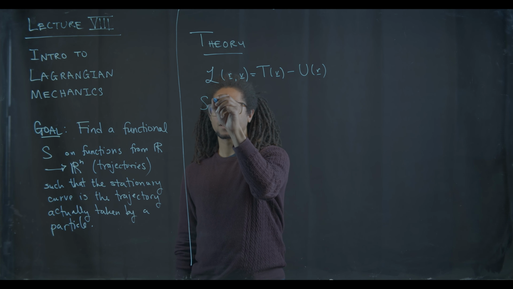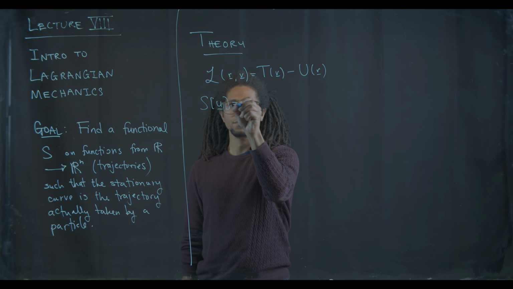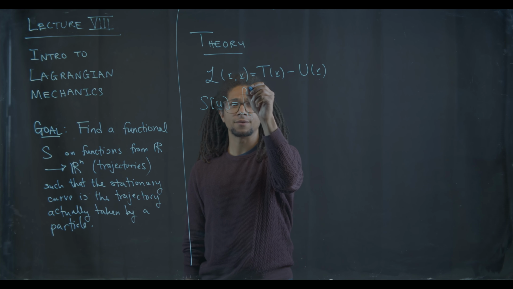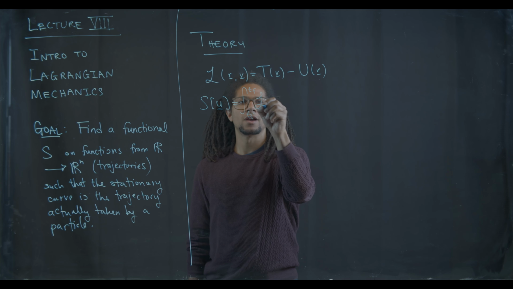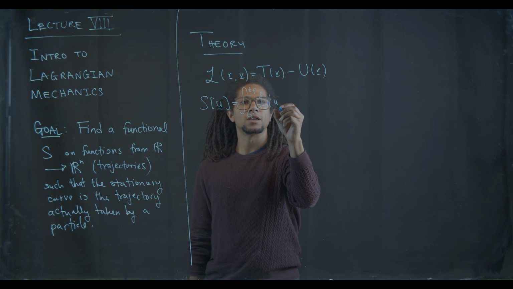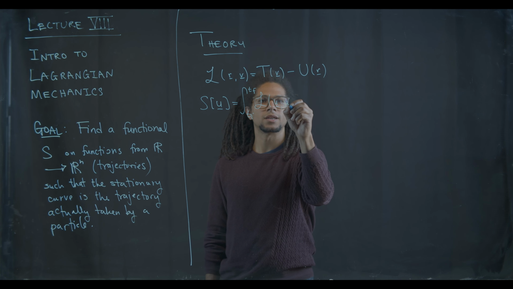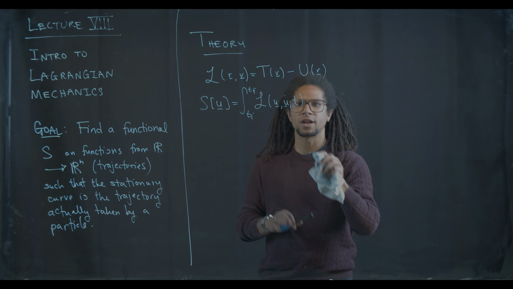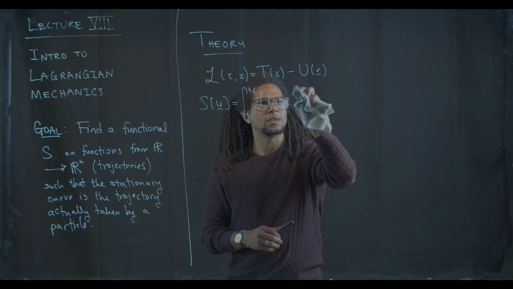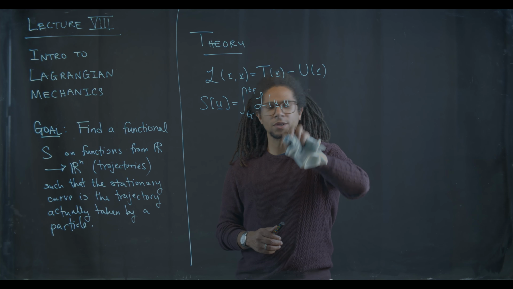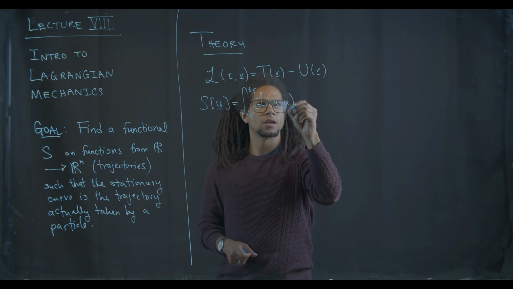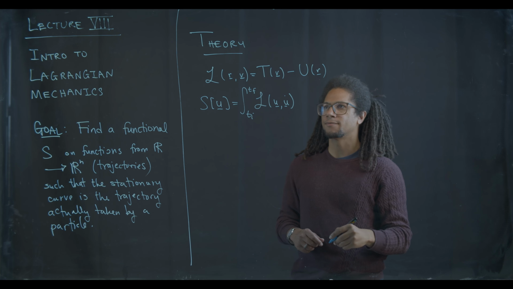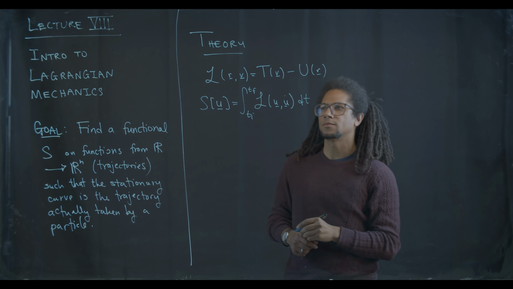So I'll say S of u is equal to the integral from t_i to t_f of L(u, u dot, t) dt. In this case, we're actually dealing with things that are time independent. I'll keep it like that for the time being, just for simplicity's sake, but it generalizes relatively easily. Okay, dt.